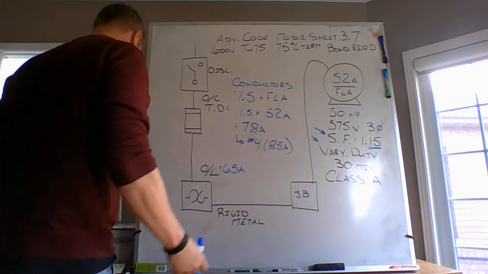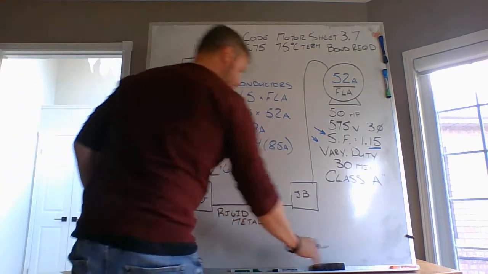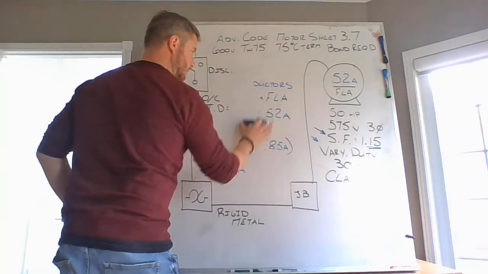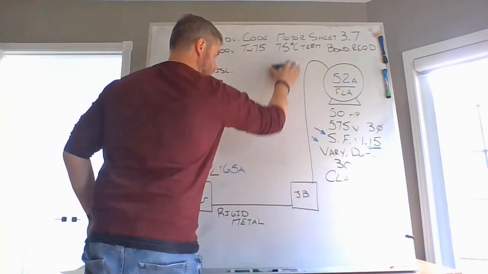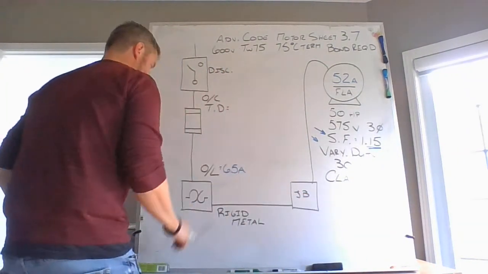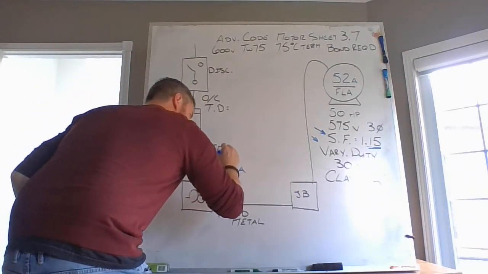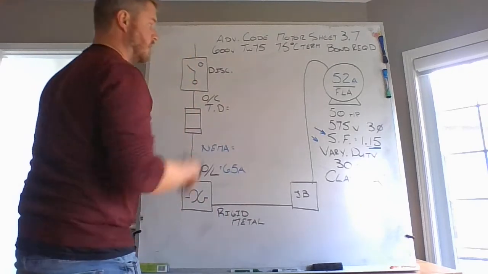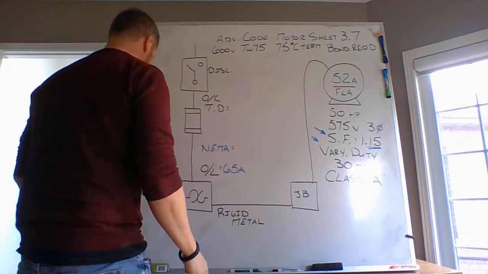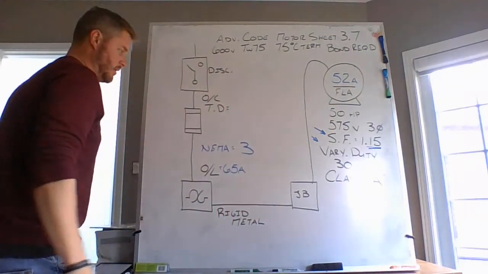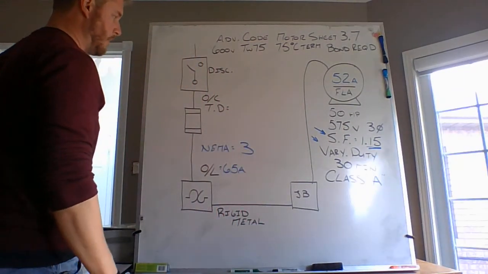Okay. Going back to that NEMA chart that you have. Based on your 50 horsepower, your 575 volts, that would be a NEMA 3 size for that specific installation.